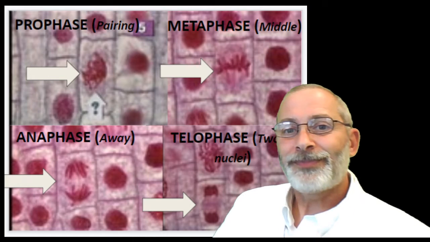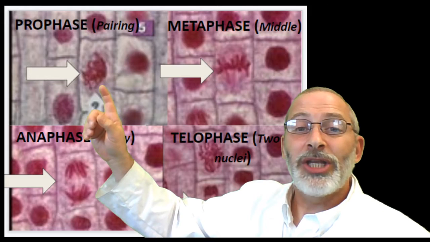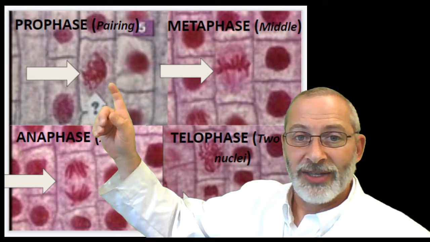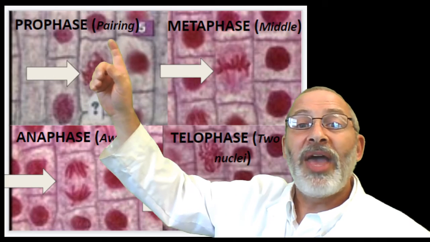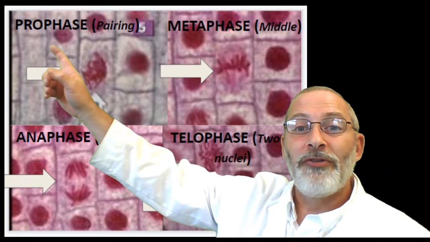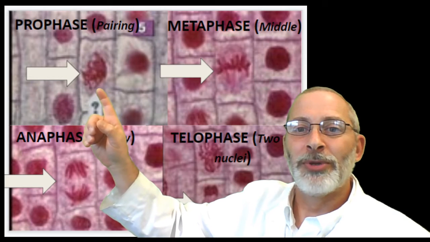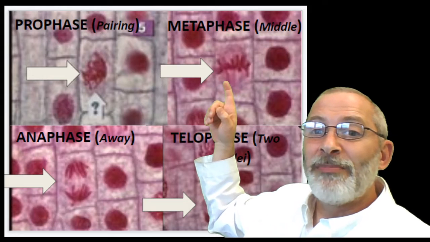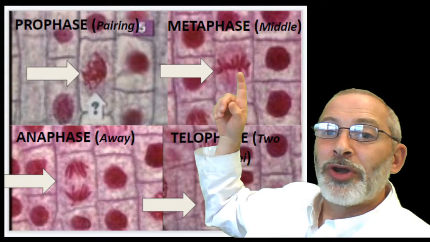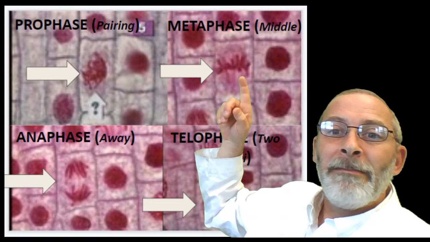Here we go. The first example, this is actually prophase, and the chromosomes inside are starting to pair up. Prophase pairing. Here we have pairing of chromosomes taking place. In the second example, notice the chromosomes are meeting in the middle.